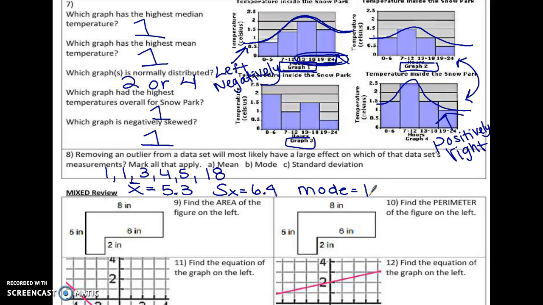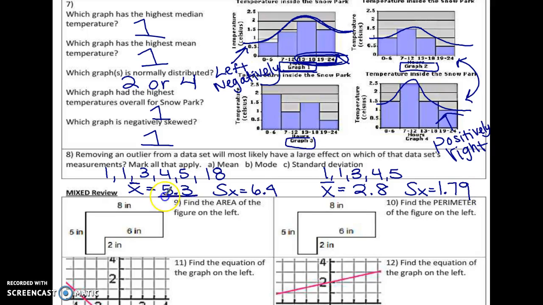So now if you do the same thing, but you take out the number 18, the outlier, and you just use 1, 1, 3, 4, 5, the mode won't change, so we're going to take that one out and not worry about it, because that's not going to have a large effect on the mode. So let's just look at the mean. The mean in this case would be 2.8, and the standard deviation is 1.79.